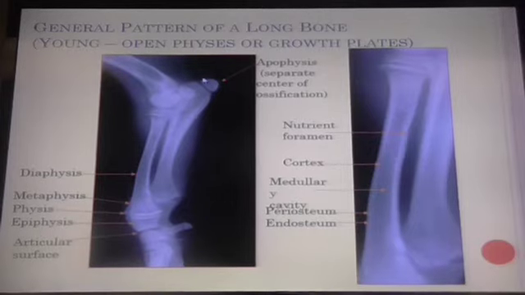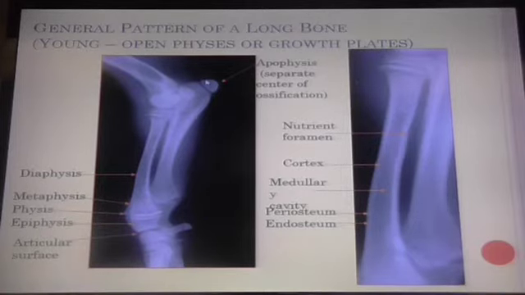This is the separate center of ossification. When those are displaced, and one in particular is the tibial tuberosity, that is commonly diagnosed as a physeal fracture. But anytime there's a separate center of ossification, there's something attached there, some type of ligament or tendon, correct?